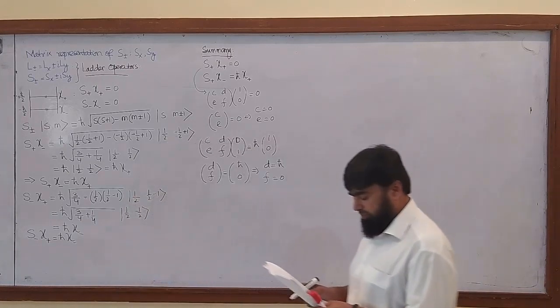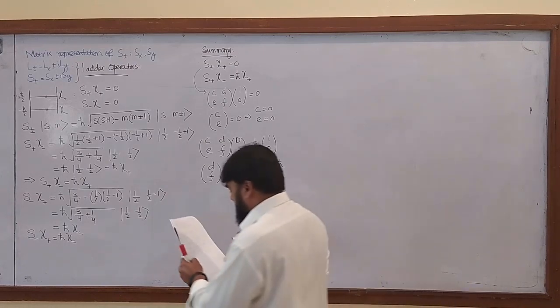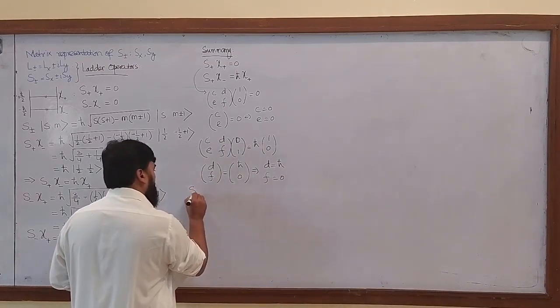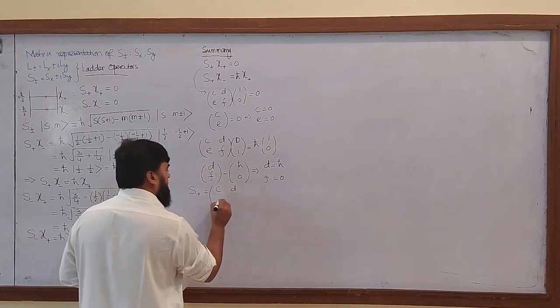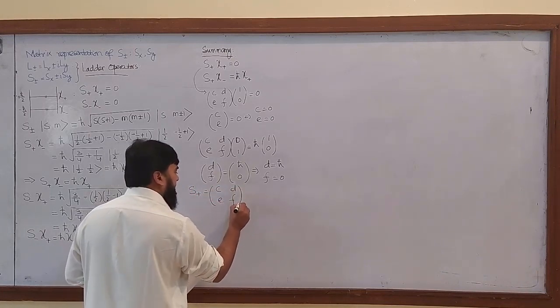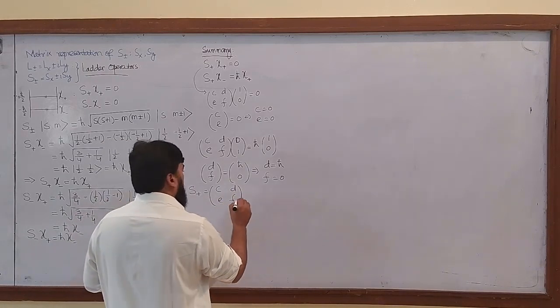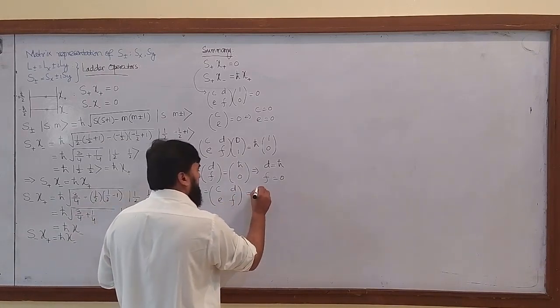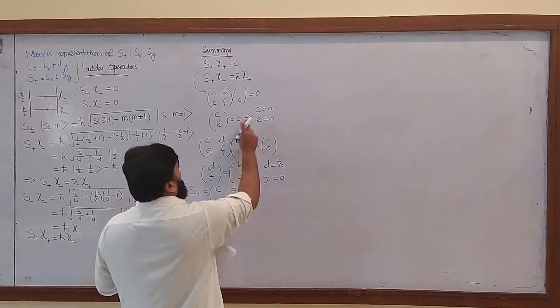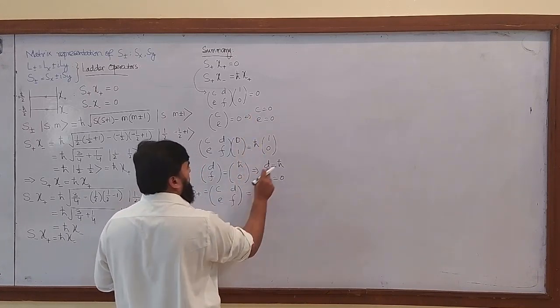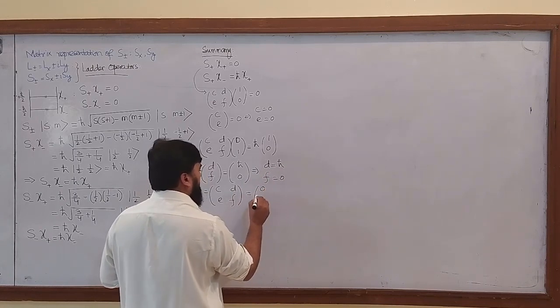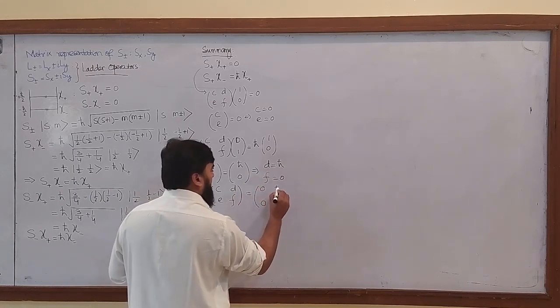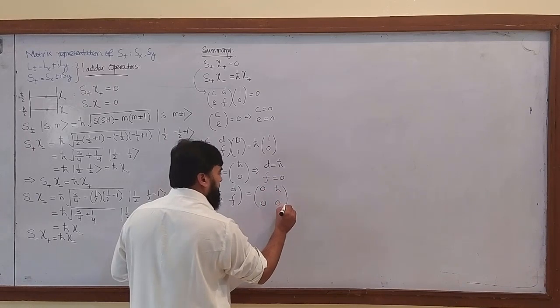So your S plus is C, D, E, F, and this comes out to be, put the values, C and E are 0, D is h bar, and F is 0.